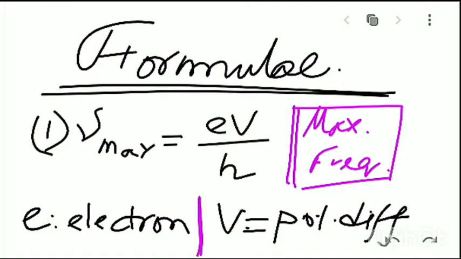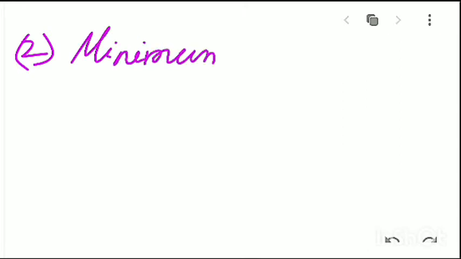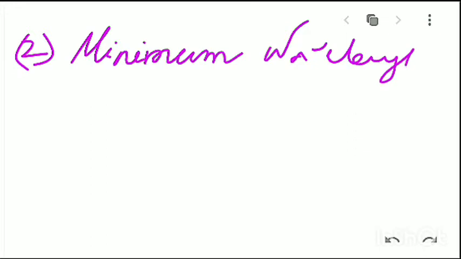The next formula is for the minimum wavelength of the X-ray. These two formulae will take out the most number of numericals. Now the question appears how to calculate that. It's very easy. Last day we have derived it. You can watch the previous video for it.